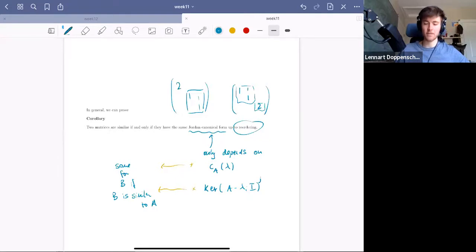Even though these matrices are similar, they have a different canonical Jordan form. Canonical bases can be vastly different.